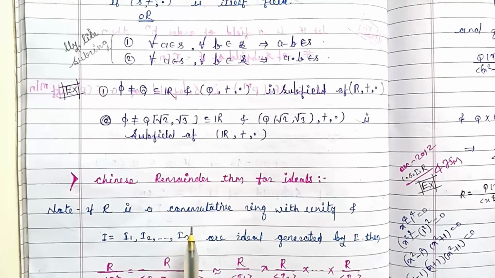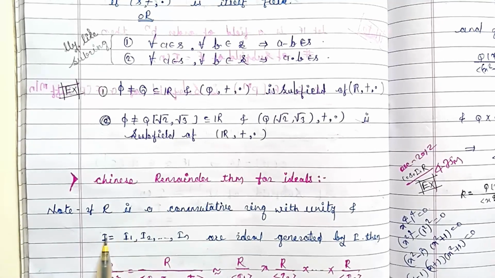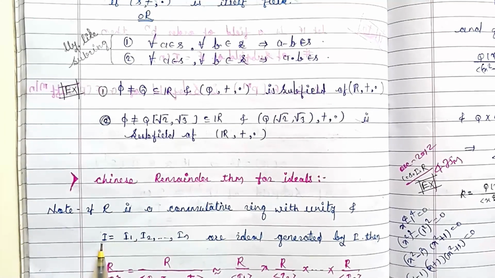Here, if R is a commutative ring with unity, I can be written as I1, I2, up to In, where I is an ideal.